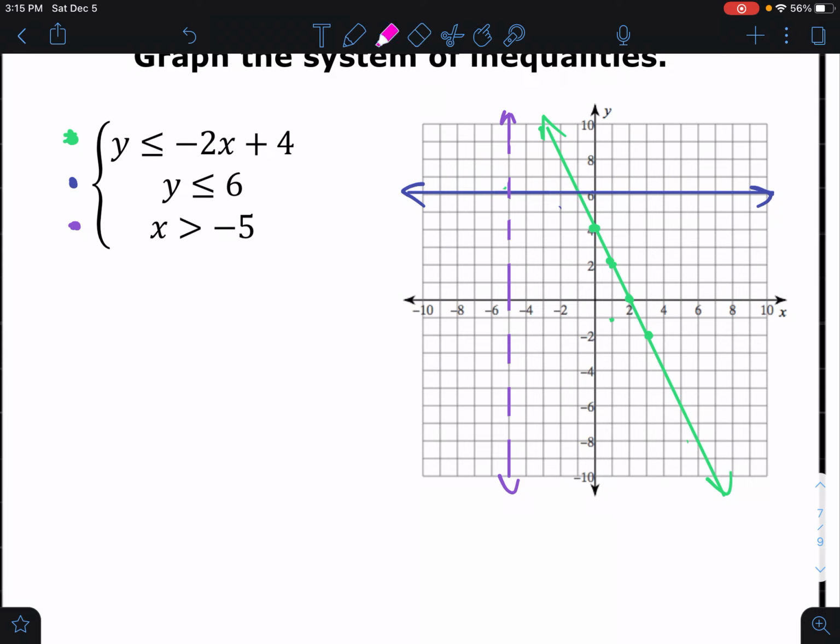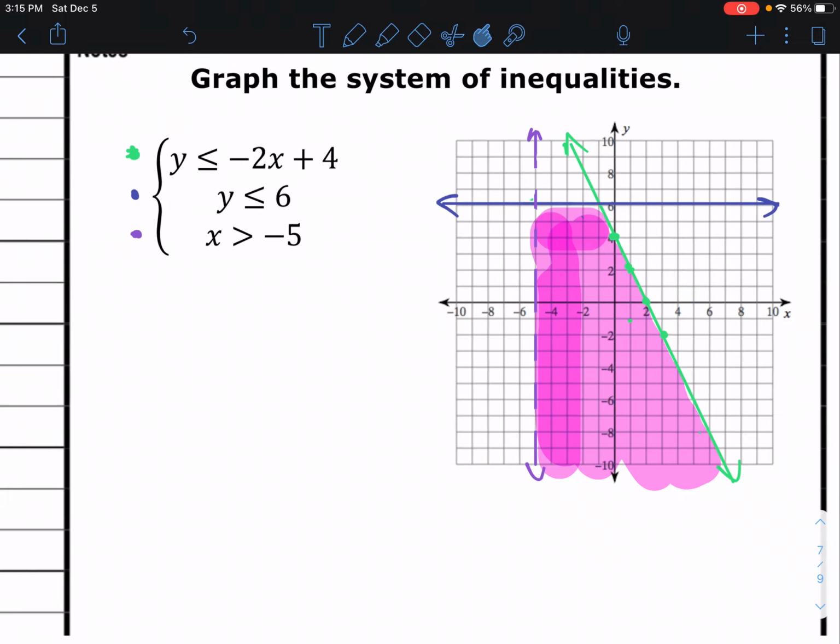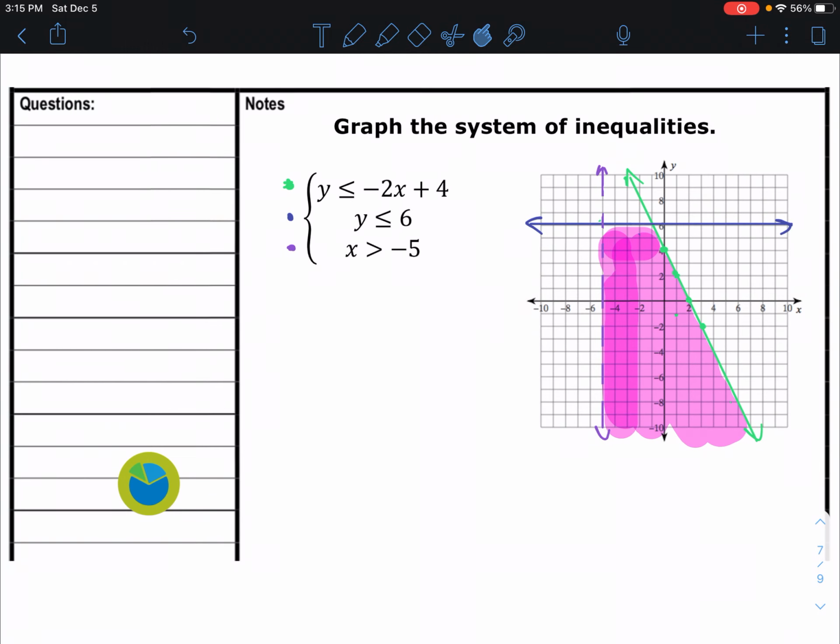I'll stick with pink because it's real bright. Okay, I'd probably clean that up a little bit, but you get the idea. That's the solution region. And hopefully solving systems of inequalities makes sense now.